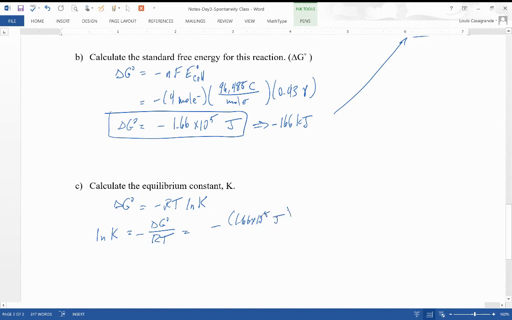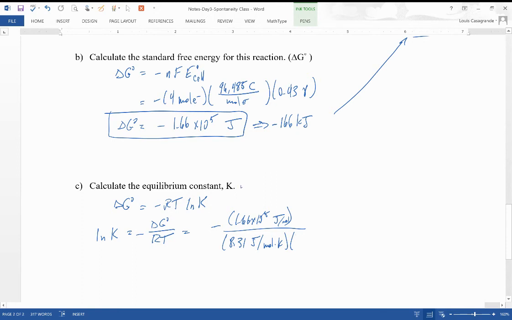You've got to keep this in joules because R is in joules. R is 8.31 joules per mole times Kelvin. And let's go ahead, we can throw a joules per mole in there as well. It's moles of reaction. Otherwise, we're going to have an extra mole hanging around here.